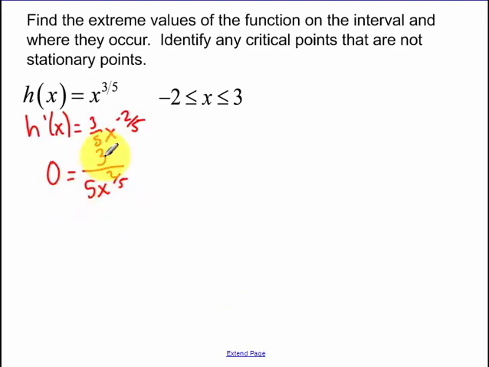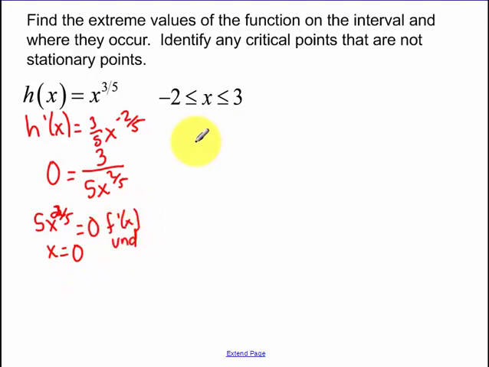Now in this case, our derivative's never going to equal 0 because the top can't equal 0, so then we need to look at when the derivative is undefined. Our derivative is undefined when that denominator equals 0, and that's going to happen at 0. And this is where f prime of x was undefined.